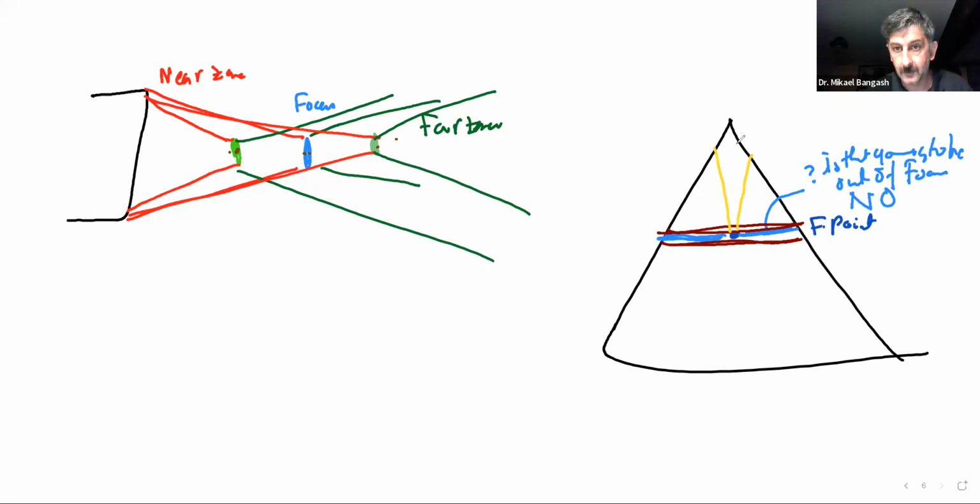When the beam is directed this way, this is the point where it's going to be the narrowest. If it's directed this way, this is still going to be the point where it's at its narrowest, along this whole depth here.